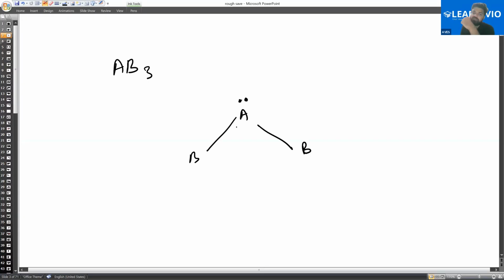What would be the shape? The shape is only given by the bonds, not the electrons. Let's suppose they have electrons. There is AB. Now this molecule will be considered as AB2L1. This is called a lone pair cloud, an electron cloud. The two electrons are there. That is called a lone pair.